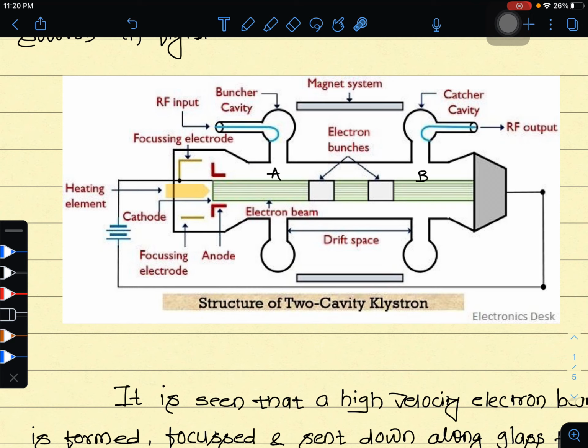Which grids? The first grid of the cavity allows the electrons to pass through, but these electrons are confined by a magnetic field within that cavity.